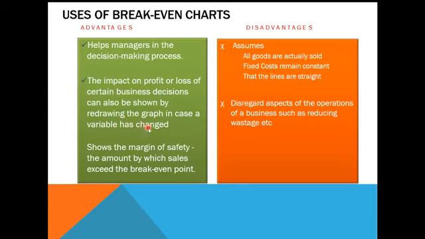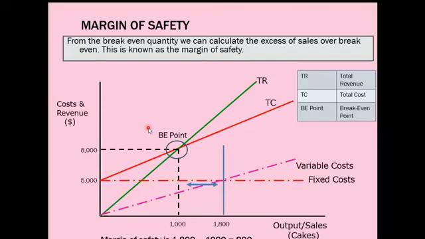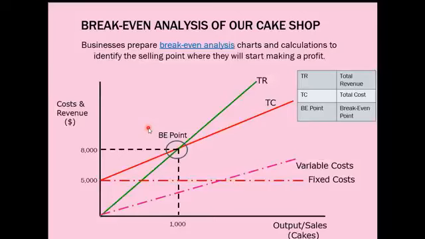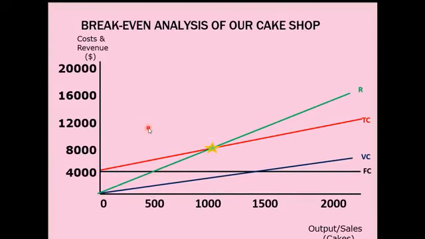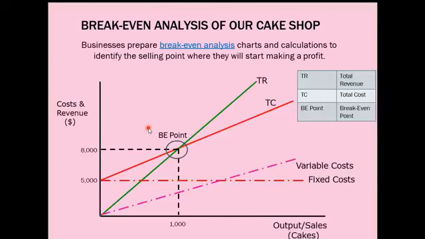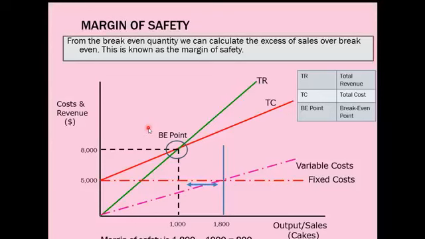It shows when you are going to break even, and you can change it. The truth is this: if the selling price increases, let's say from $3 to $5, it means that you are going to break even quickly.